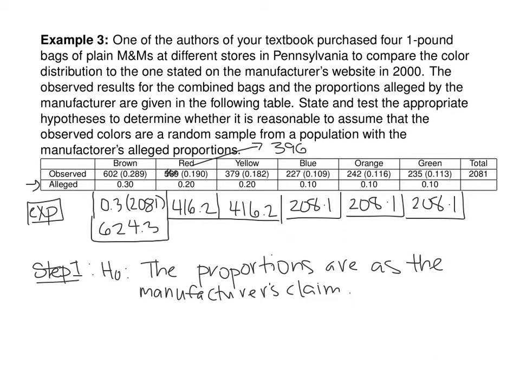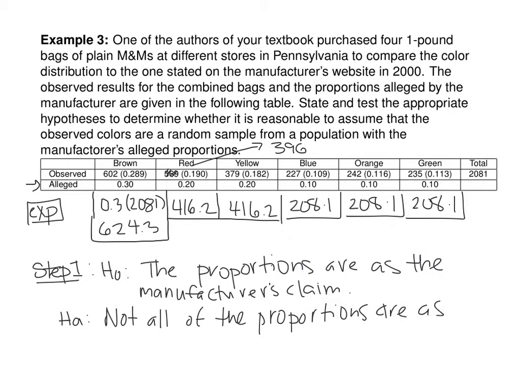And HA is just the opposite, that something is off. It doesn't mean that they're all different, it just means that some of them are probably different. So HA is that not all of the proportions are as the manufacturer claims.